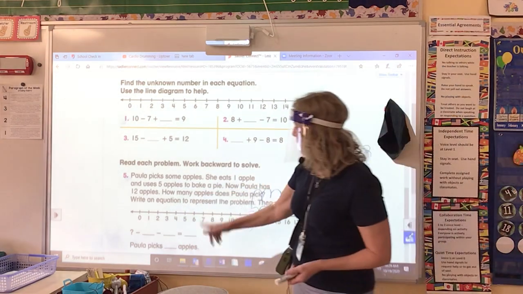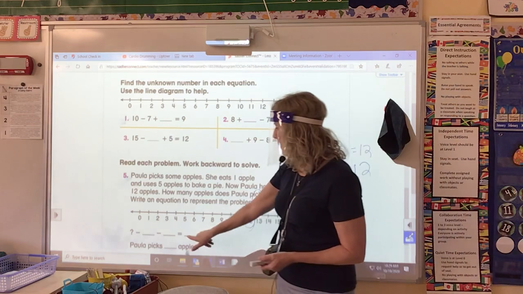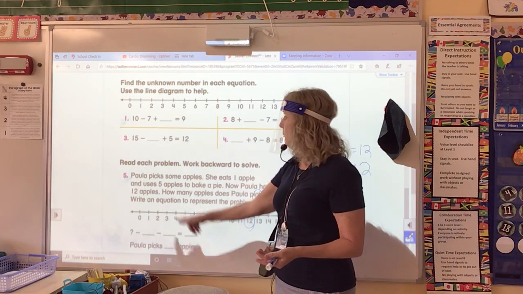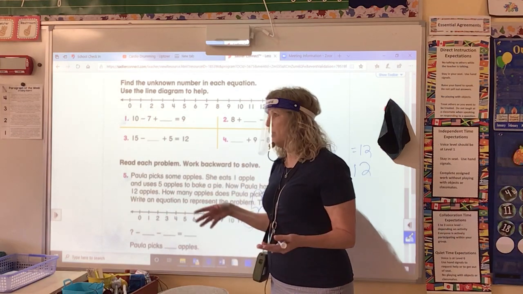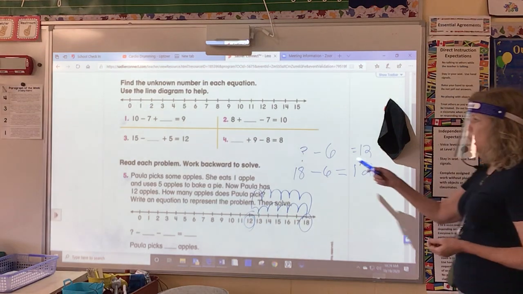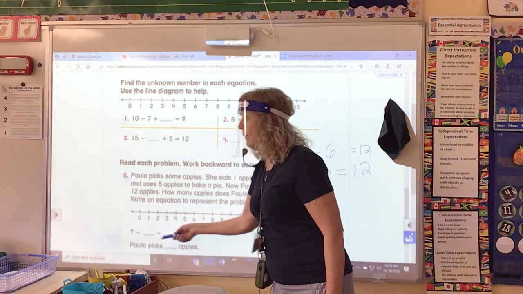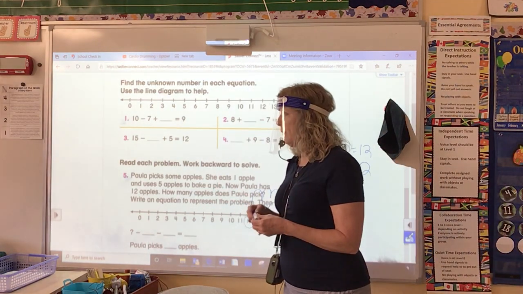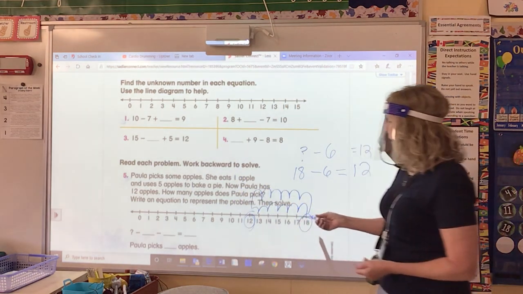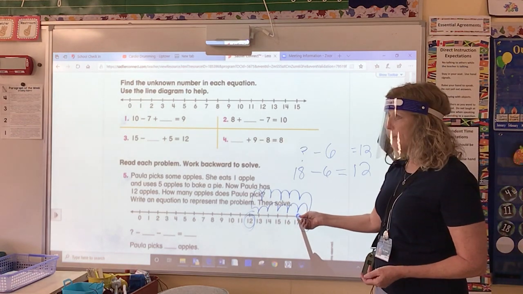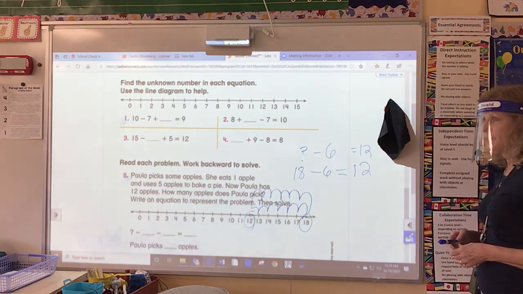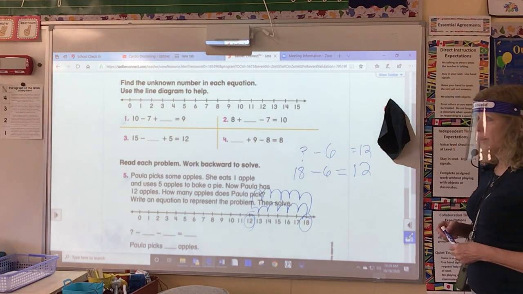And then it says now she has 12, so we know she has 12 remaining. But we needed to find out how many she had picked altogether to begin with. So what we did, we took the 1 and the 5, added them together for 6. Or we could have just gone back 1 and then 5 more on our number line.